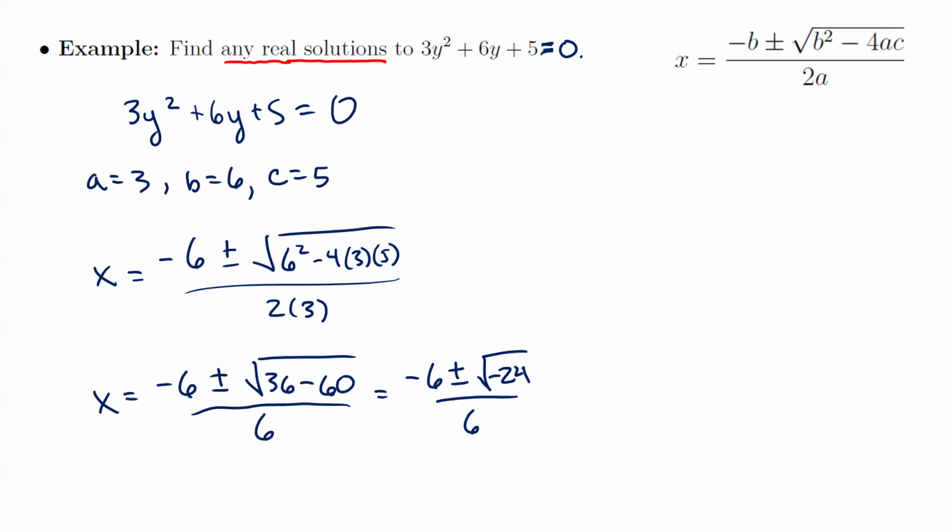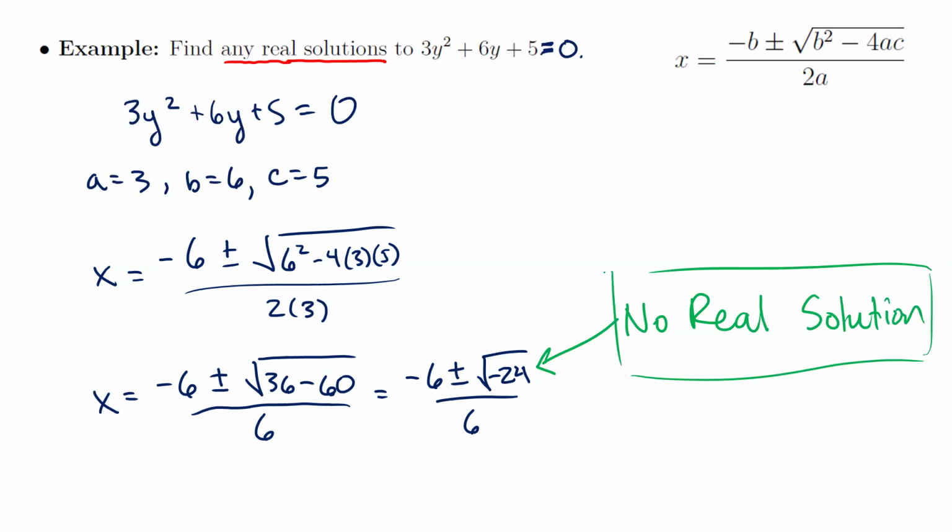That's what produces imaginary numbers and therefore complex solutions. Since the instructions on this problem were to find all real solutions to this equation, I am going to stop at this point and simply say there is no real solution.